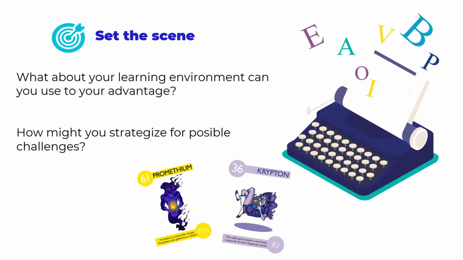So we need to ask ourselves, what about our learning environment can we use to our advantage? And what things might make it difficult? So, how might we strategize for possible challenges? And those challenges can go anywhere from failing technology to, say, very difficult students who keep challenging you personally and don't let the class move on.